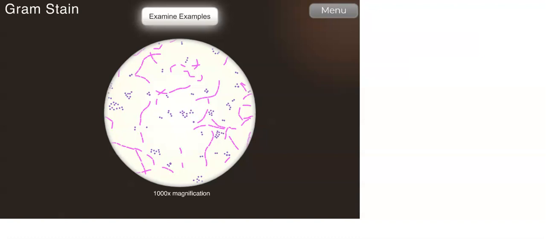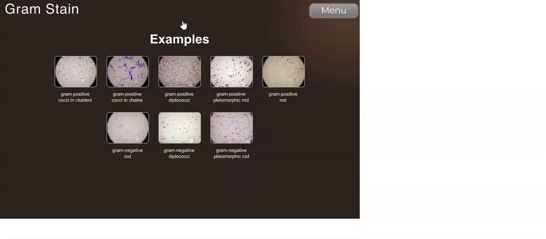Seems like there are two types of bacteria here, one is gram-positive bacteria and the other gram-negative bacteria. The gram-negative bacteria are in bacillus shapes, and the other type, gram-positive bacteria, are in coccus shapes.